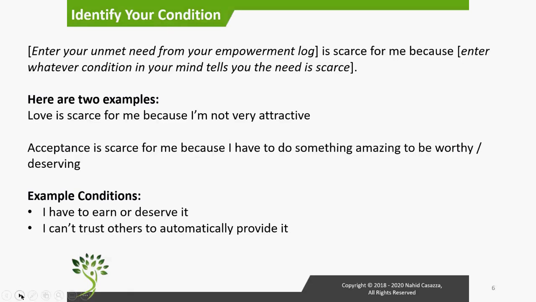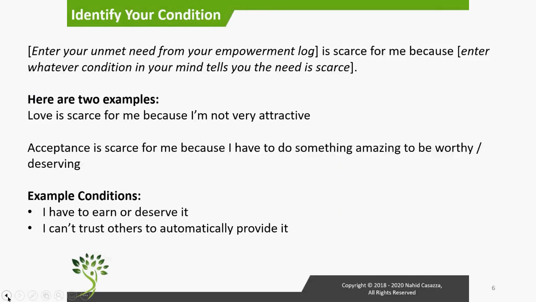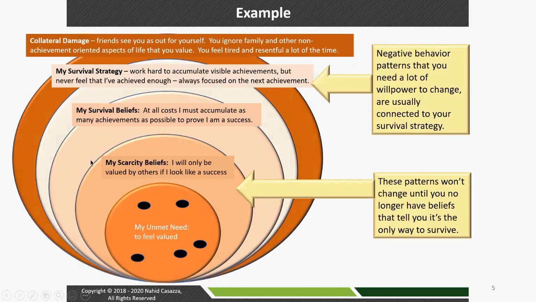So let's move on to what we're going to do next once you identify your condition. What you really have to do is begin to prime your brain so that you're actually willing to reconsider your scarcity belief. One thing we talked about earlier is that your scarcity belief is so invisible to you, just like the elephant's rope, that once it becomes a belief, you don't ever consider it again.